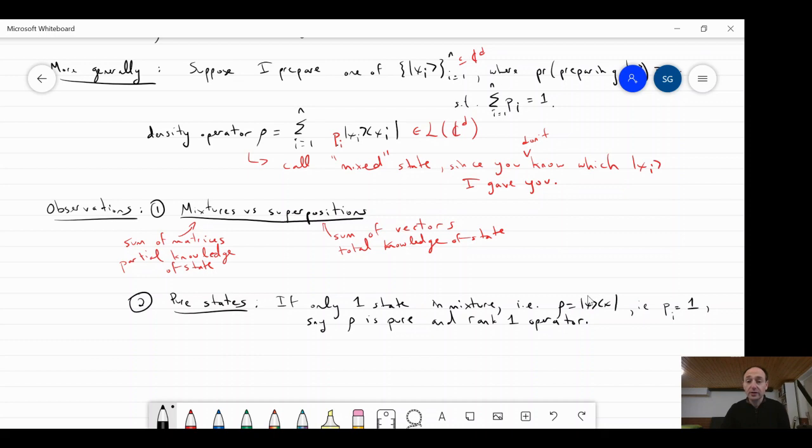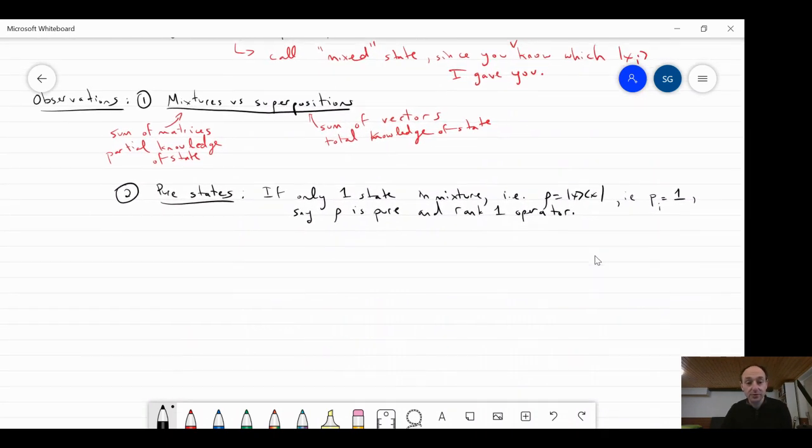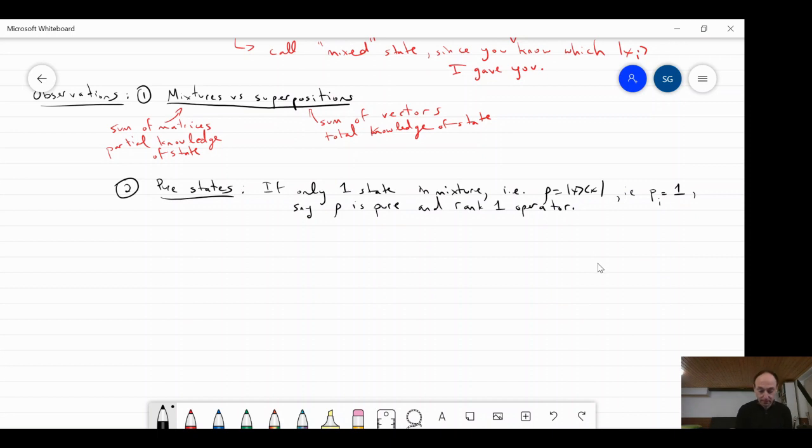So let's just do a very quick concrete example to understand the difference between mixtures and superpositions. If I think about the density matrix rho equals a half |0><0| plus a half |1><1|, what is this thing?